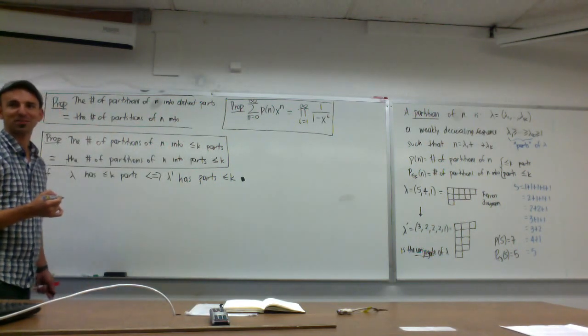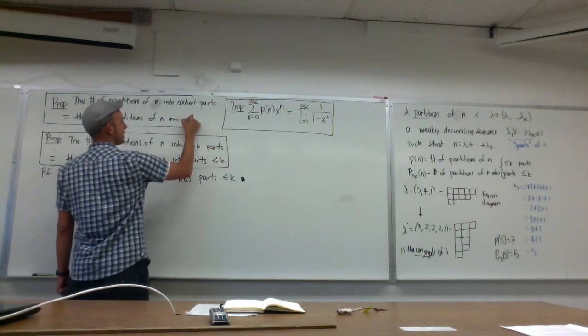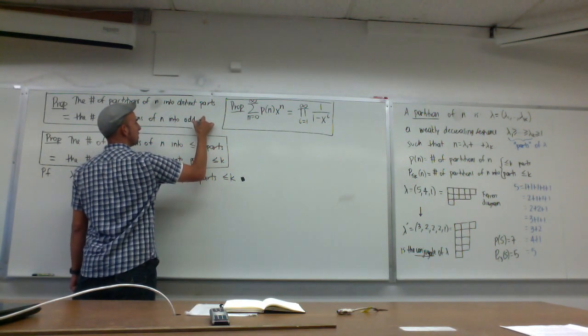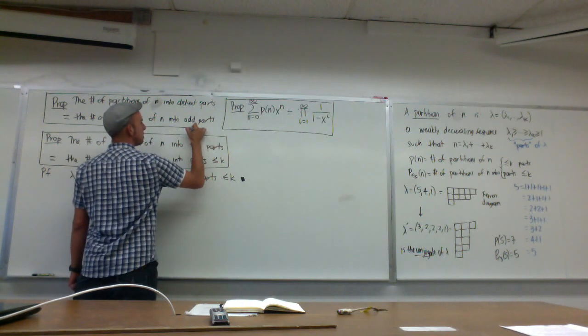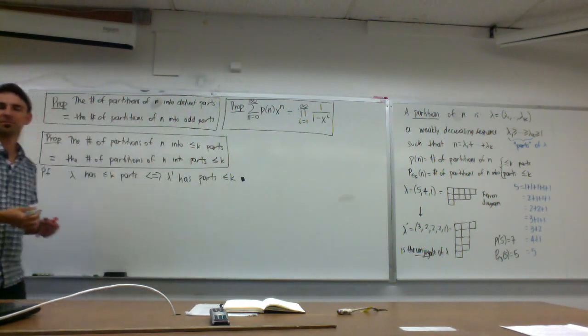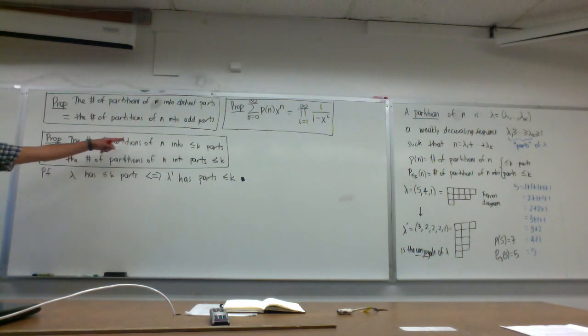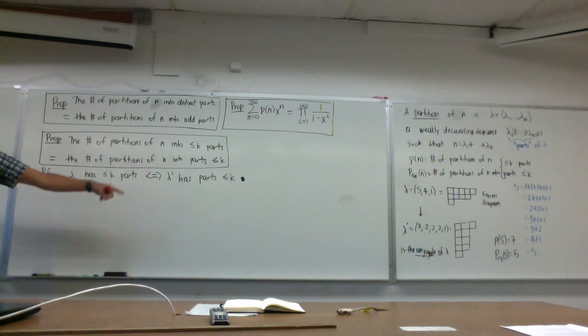It's kind of hard to guess, but into odd parts. These two sounded more similar to each other, and maybe it's not. It's surprising that they're equal, but I would say this is more surprising.